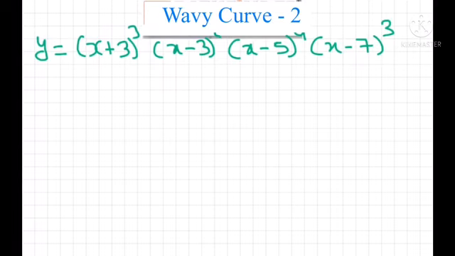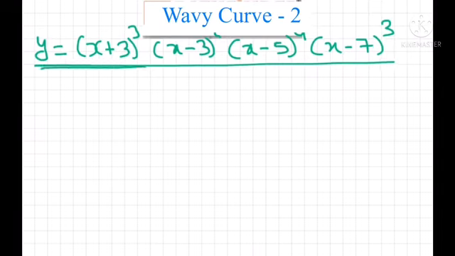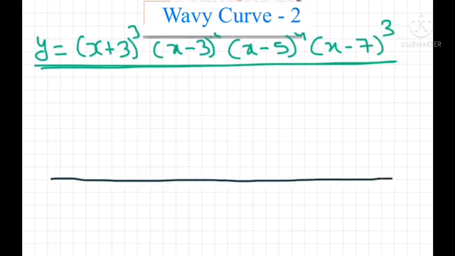So first of all, if you need to plot the graph and sign scheme of this, that is, in which part this function is positive and in which part negative, again as earlier, this is your x-axis. Locate the points. These points are minus 3, 3, 5 and 7.